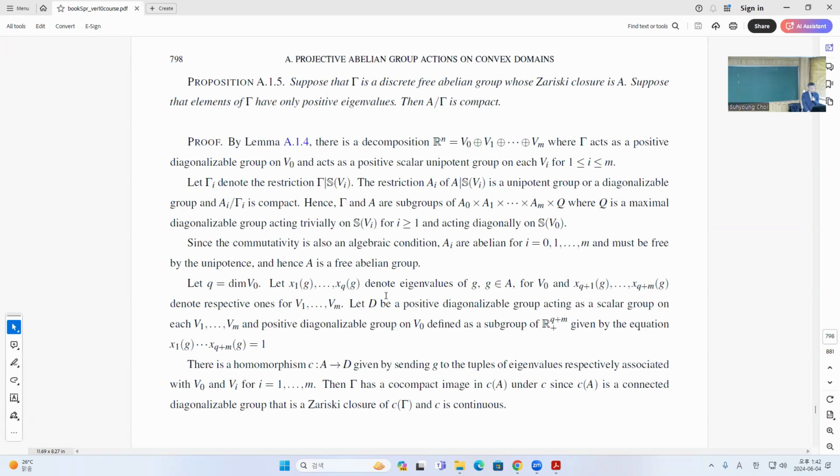so let's look at all these eigenvalues for each one of them, and the D is acting as a scalar group on this and positive diagonals here. And so we can find the homomorphism C to D, sending C to the tuples of just these eigenvalues. And so gamma will have a co-compact image on the C, because C is a connected diagonalizable group in the Zariski closure of this.